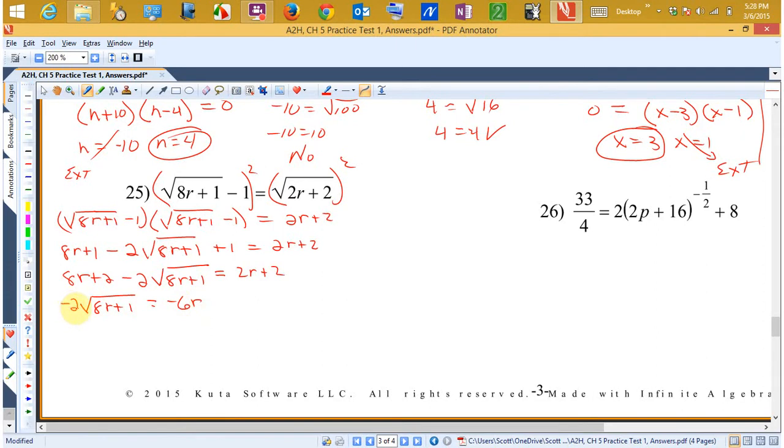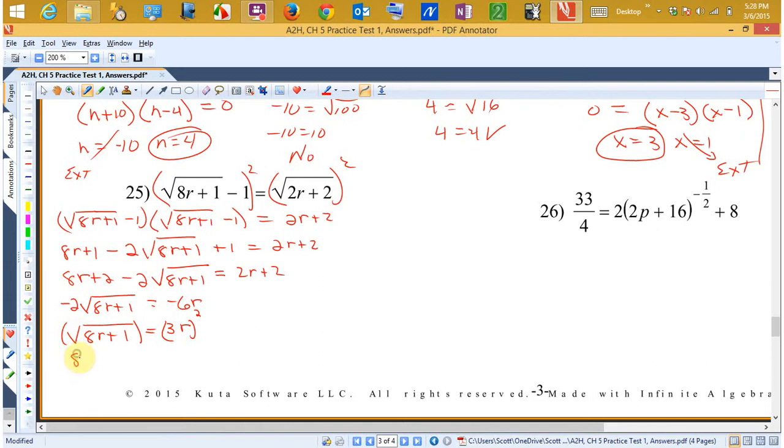So if I divide this side by a negative 2 and this side by a negative 2, I get the square root of 8r plus 1 is equal to 3r. Now I have this radical isolated, so once again, I'm going to square both sides.